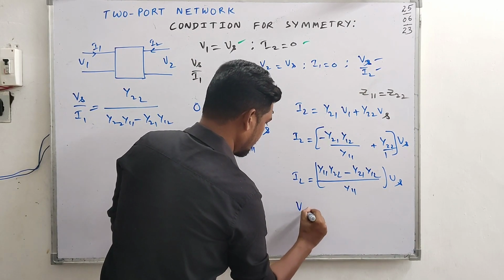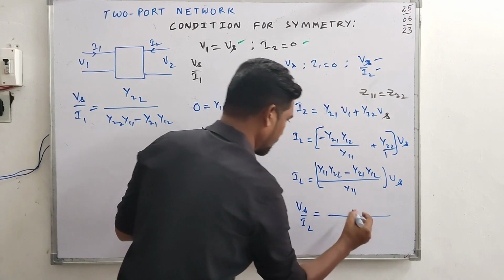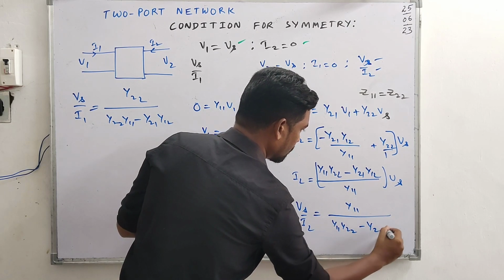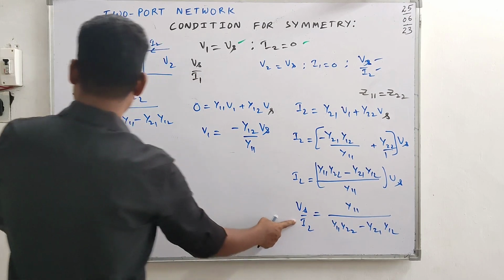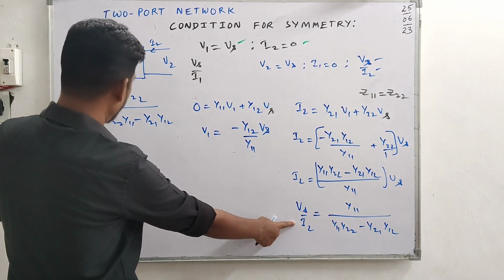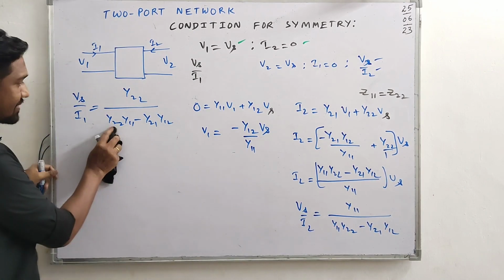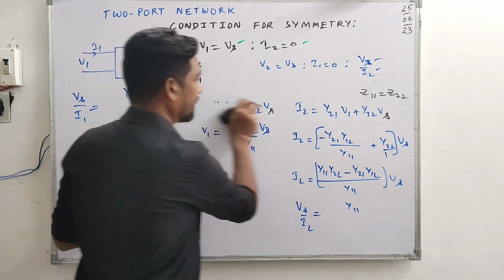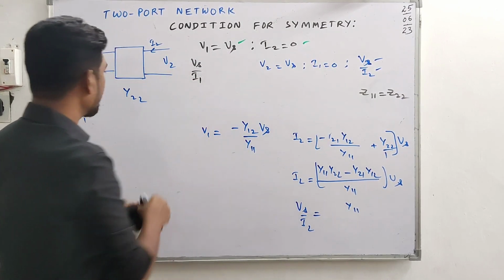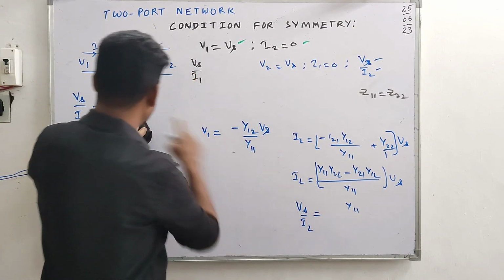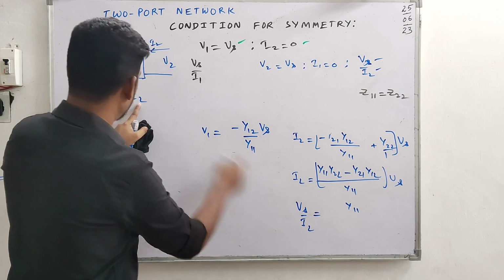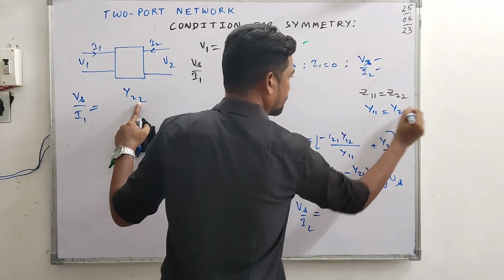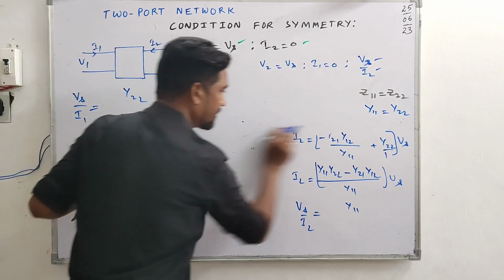This flips, so what do we have? y11 upon y11 y22 minus y21 y12. These two equations should be compared, and when Vs upon I1 equals Vs upon I2, the denominators get cancelled, and we have the condition for symmetry in terms of y parameters: y11 equal to y22.